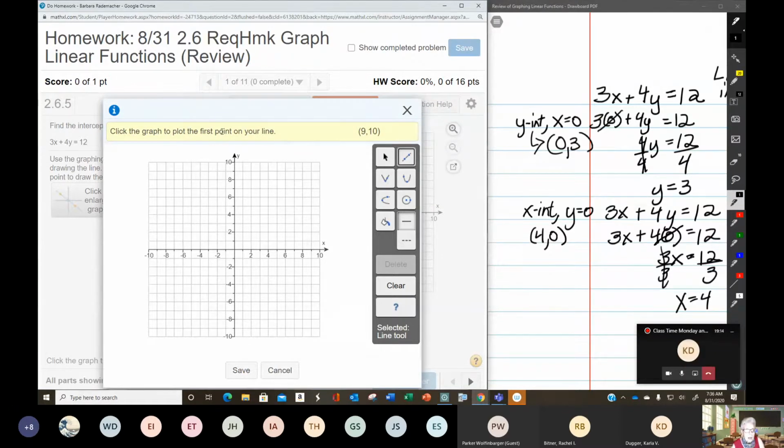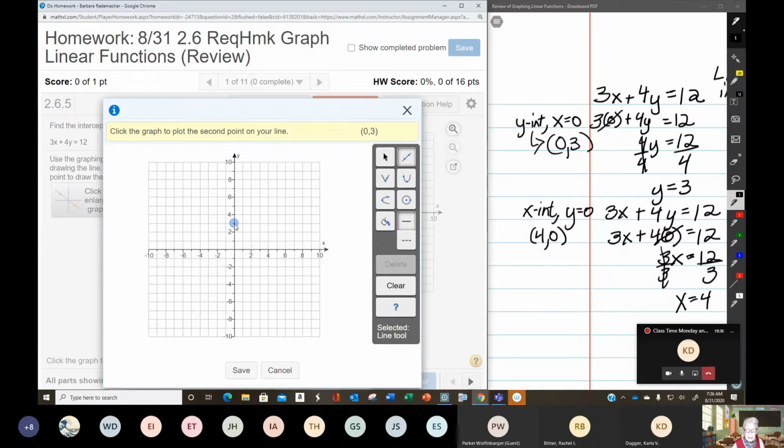Click the graph to plot the first point on your line. Well, I might as well make it (0, 3), since that's the first point I found. And notice that up here in the right-hand corner, this tells me what point I'm on. So 1, 2, 3, here we go.